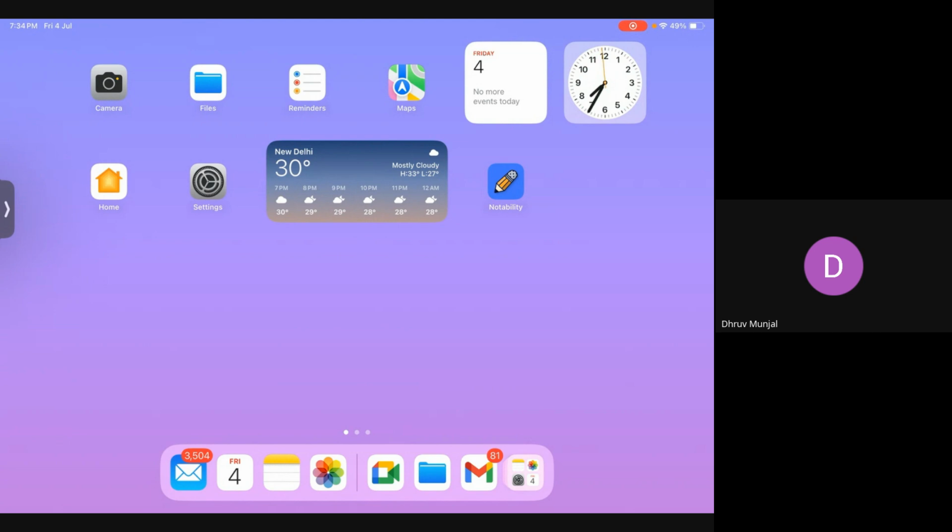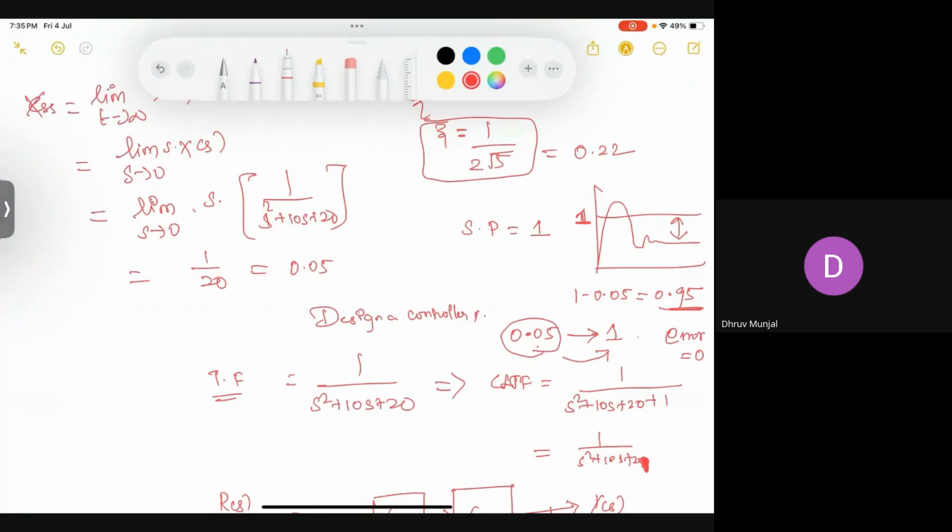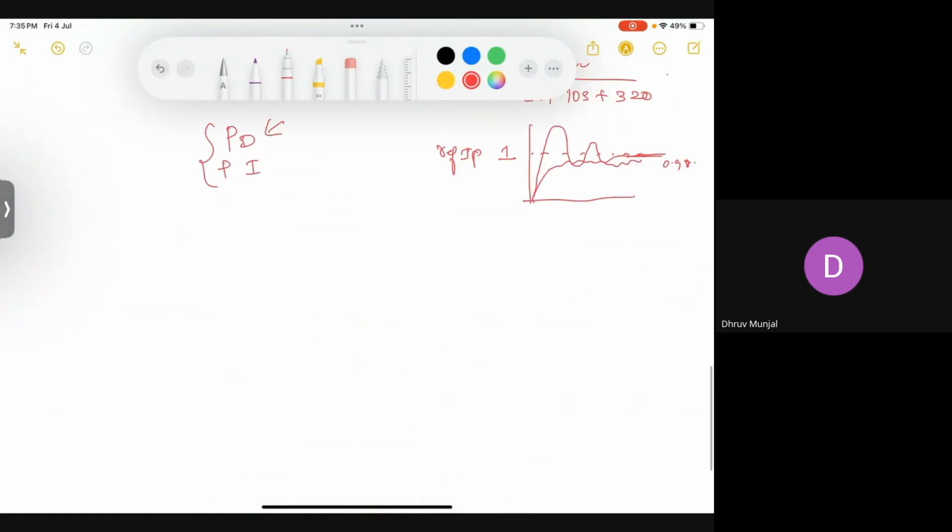Should I solve 1 or 2 problems in week 4 or anything? Ma'am, can we solve practice assignment 5? Practice assignment 5. Yeah, we can do. Right.